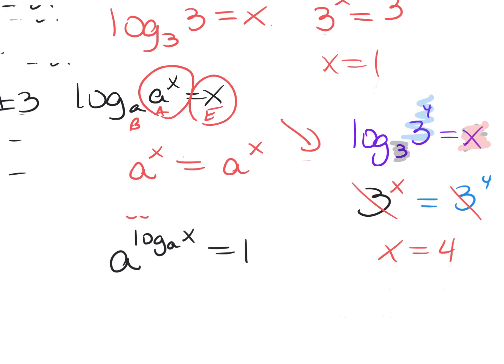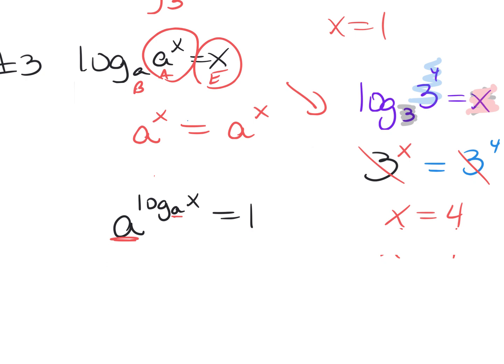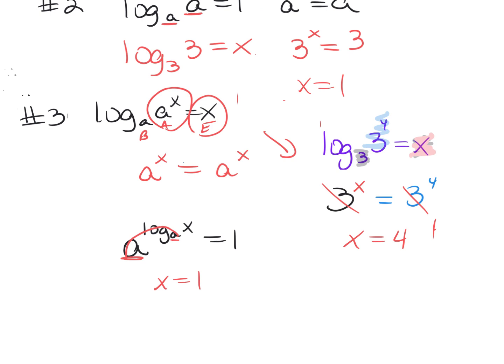Whenever these two bases, the base of the exponent and the base of the log, are the same, what ends up happening here is this would cancel out and you're left with x equals 1. So shortcut, whenever the base of the log and the base of the exponent of what you're finding is the same, you could go right here to the answer. So little tricks here that we're going to see.